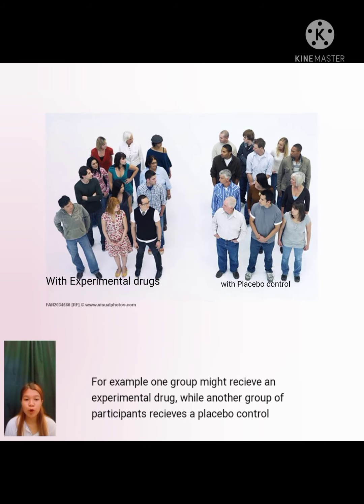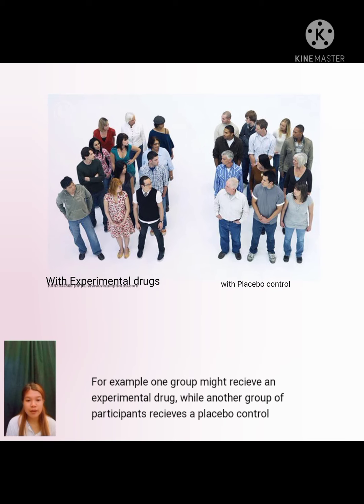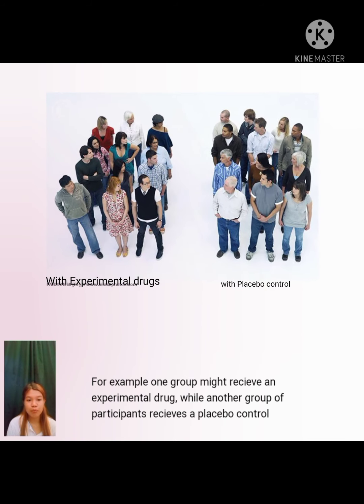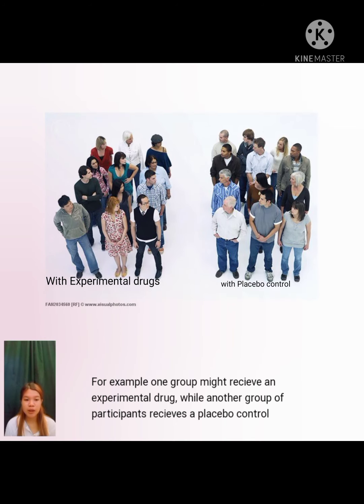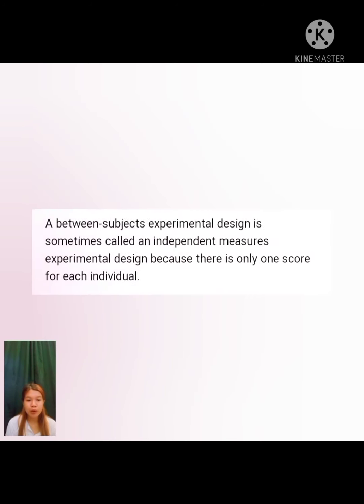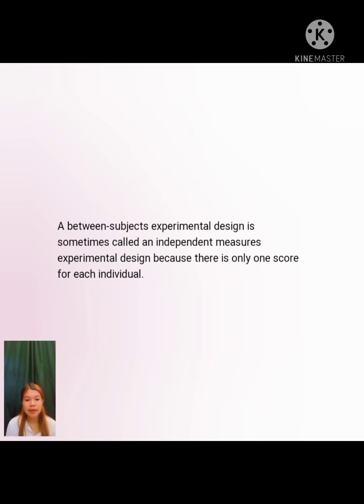For example, one group might receive an experimental drug, while another group of participants receives a placebo control. A between subject experimental design is sometimes called an independent measures experimental design because there is only one score for each individual.